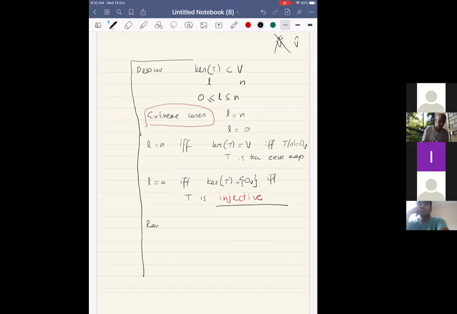So first of all, let us do, supposing L is N. Then what is the image?